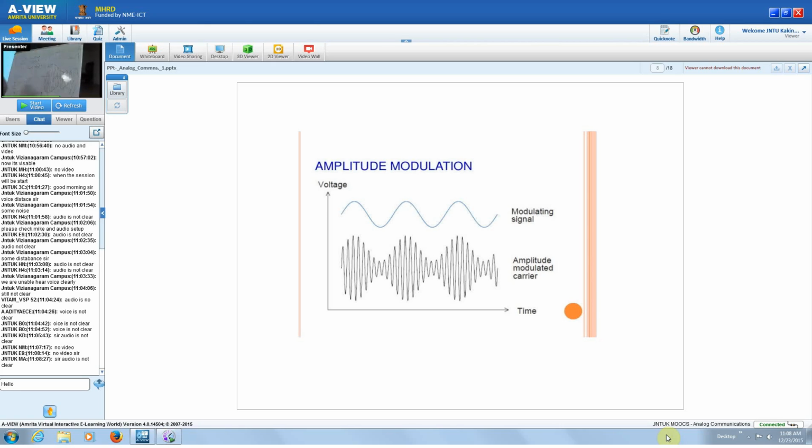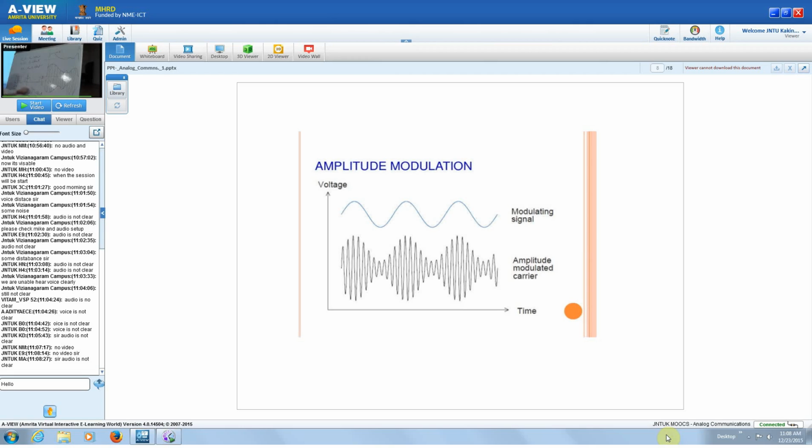So this will be the modulated signal waveform that we are going to have, with the spectrum being this, with a carrier at f_c and a carrier at minus f_c also in the spectrum.